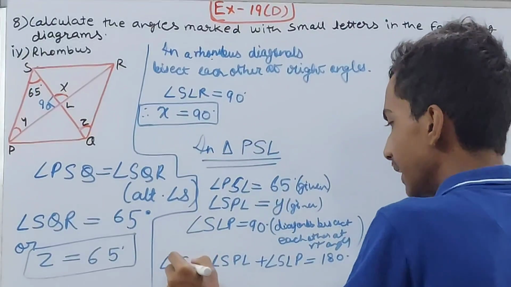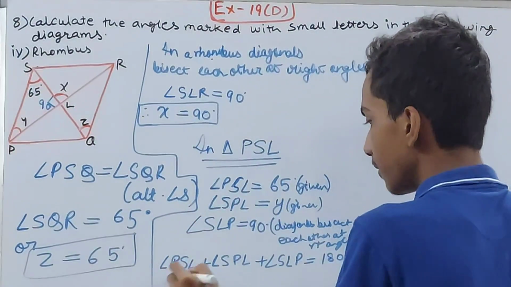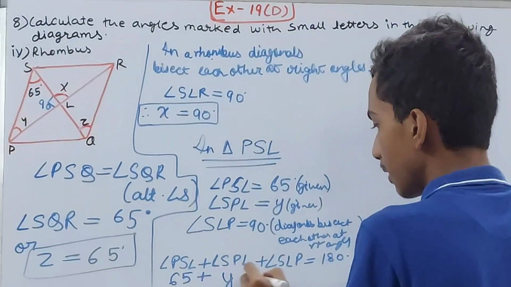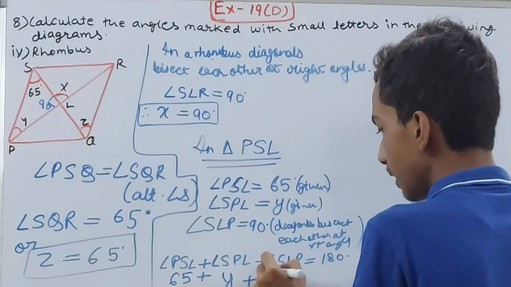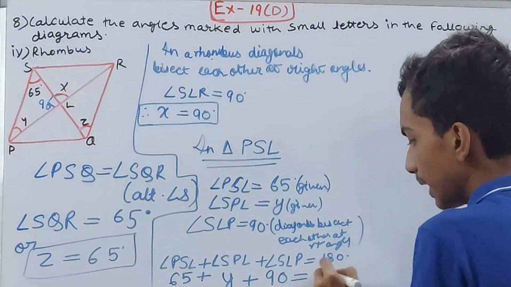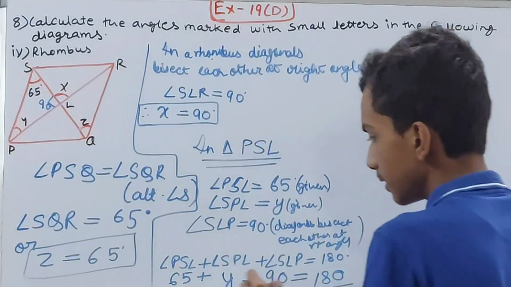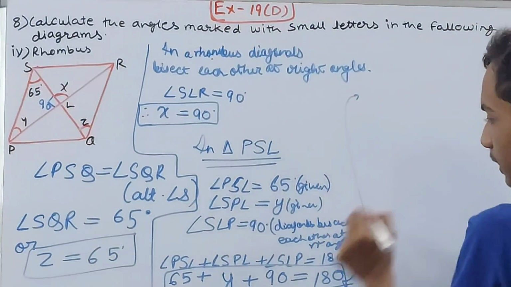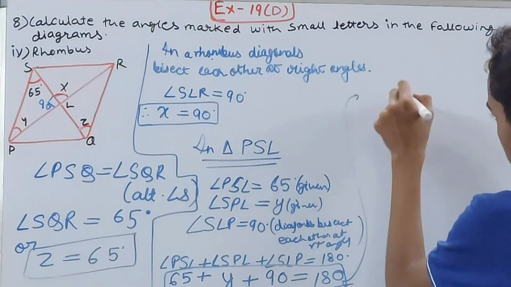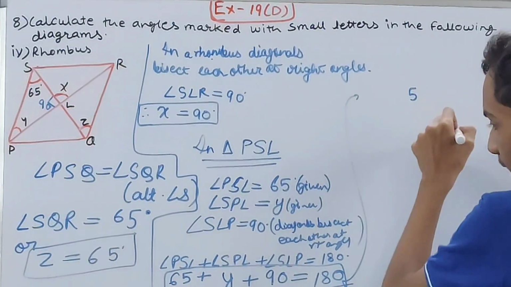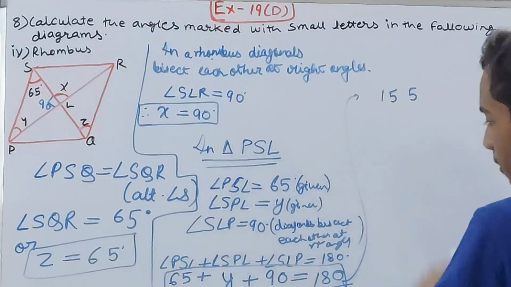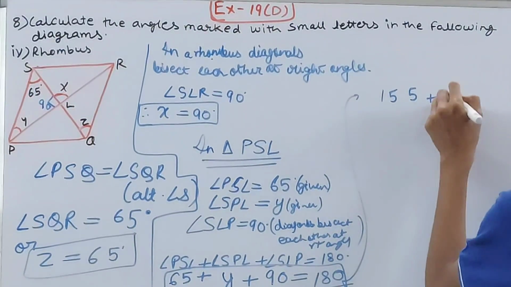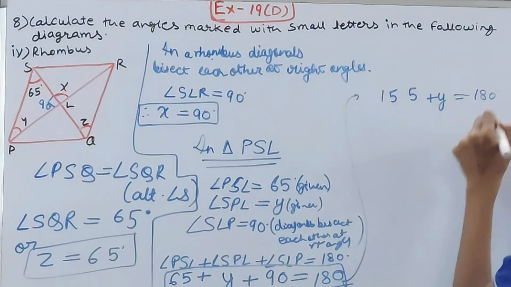So angle PSL is 65 plus SPL, it is Y, plus SLP 90, that is equal to 180 degrees. Let's bring this equation up here. 65 plus 90, so 155 plus Y is equal to 180 degrees.